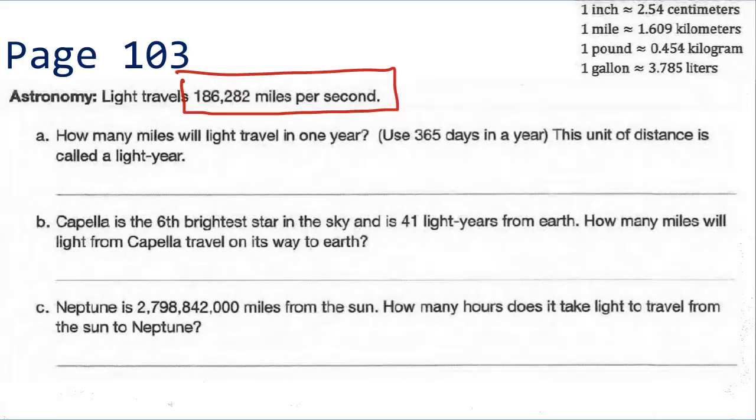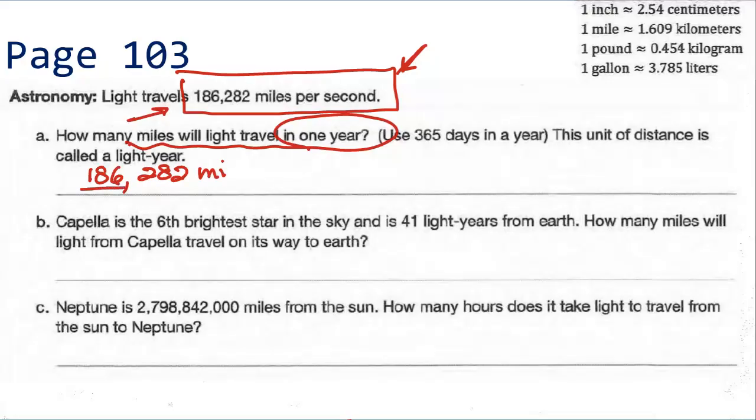So how many miles will light travel in a year? This is how much it travels in a second. We need to figure out how much it's going to travel in a year. So I need to start with what they give us, that light travels at 186,282 miles in 1 second.